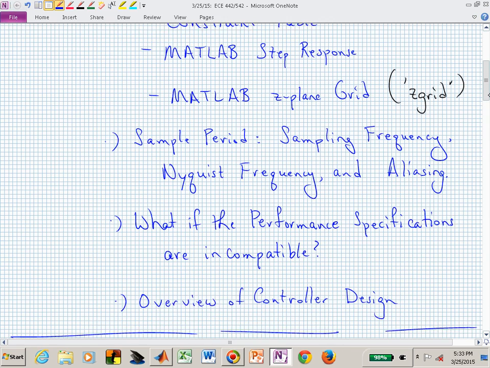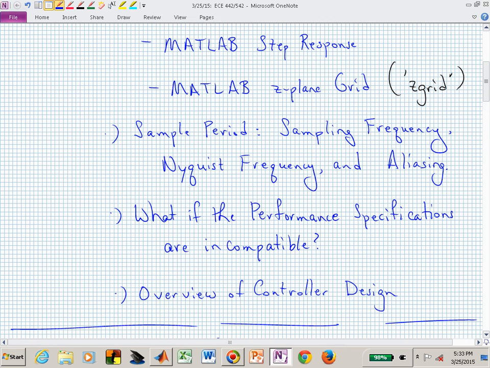We will then talk about, we've sort of just said, here's a sample period. Let's now talk about how that relates to the sampling frequency. That's pretty clear, I hope. If we have a sample period, how to relate that to the sampling frequency, but then how the sampling frequency is related to the Nyquist frequency.